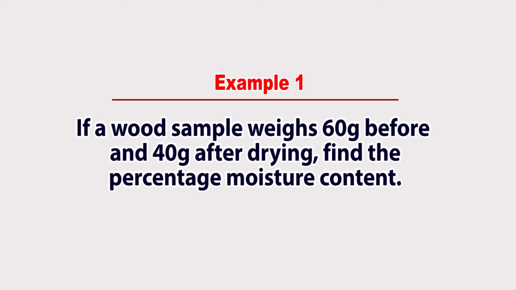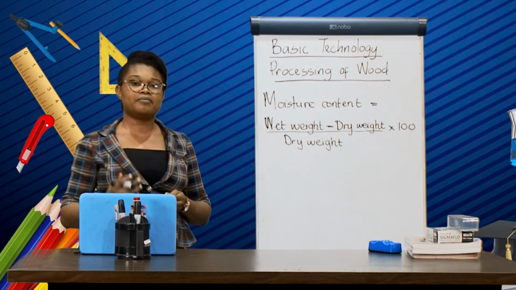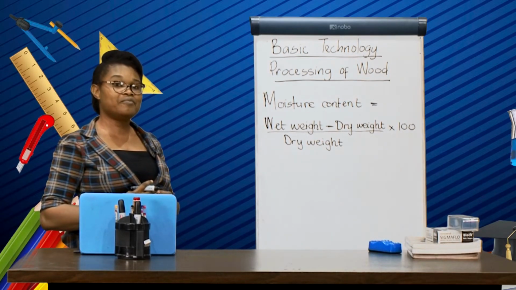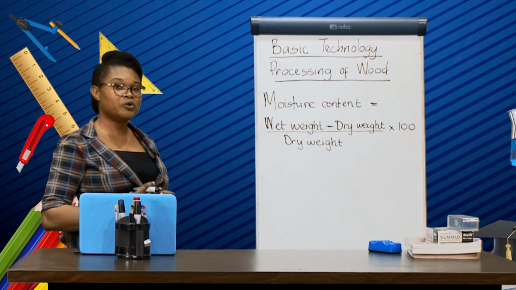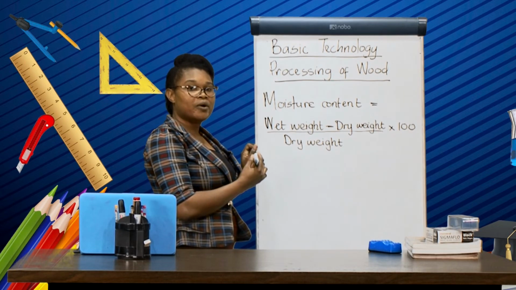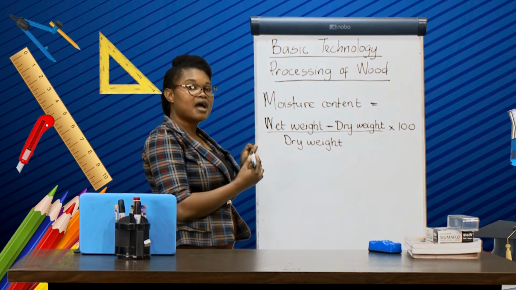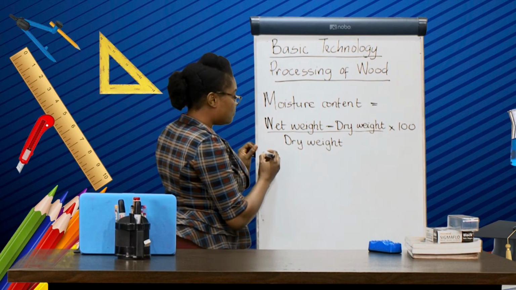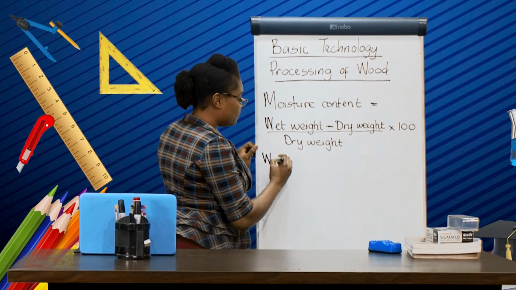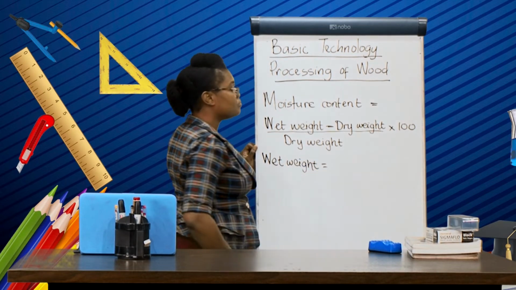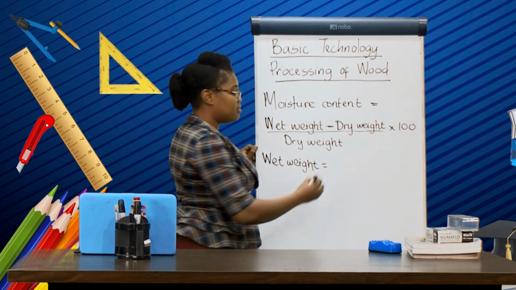Now, in order to help us understand this calculation, we are going to take it step by step. The first step is to state our parameters. What have we been given? Let's take the wet weight first. Our wet weight is 60 grams.